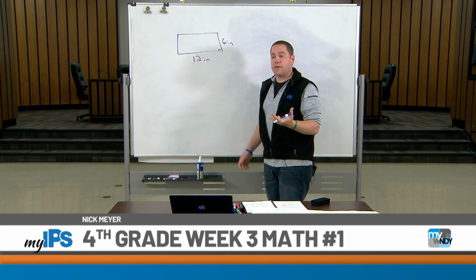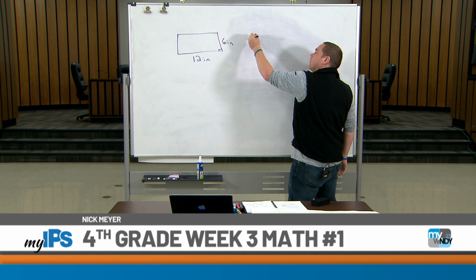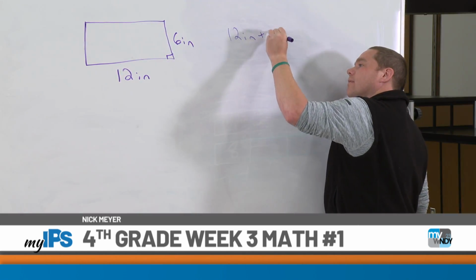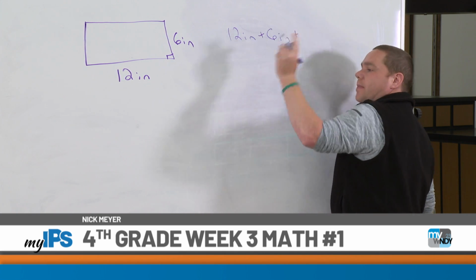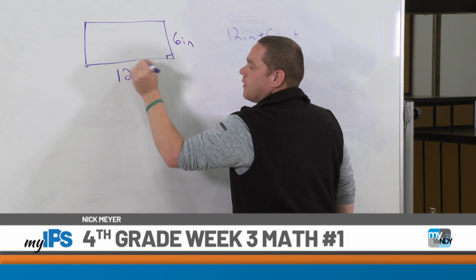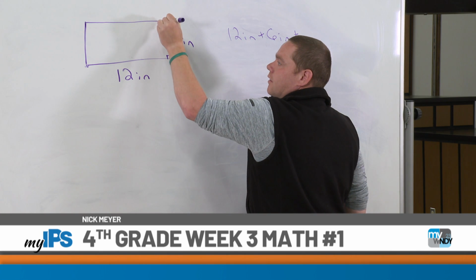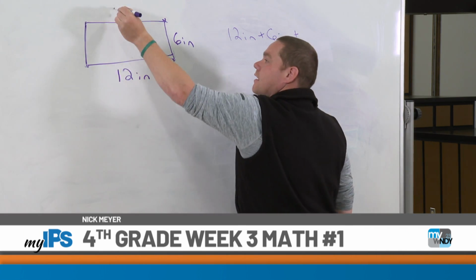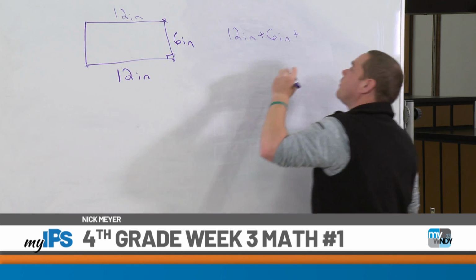So a lot of times you said, I add for perimeter. So I could do 12 inches plus 6 inches. And that would be just from there to there to there. And now I need to go back over here. So that's another 12 inches.